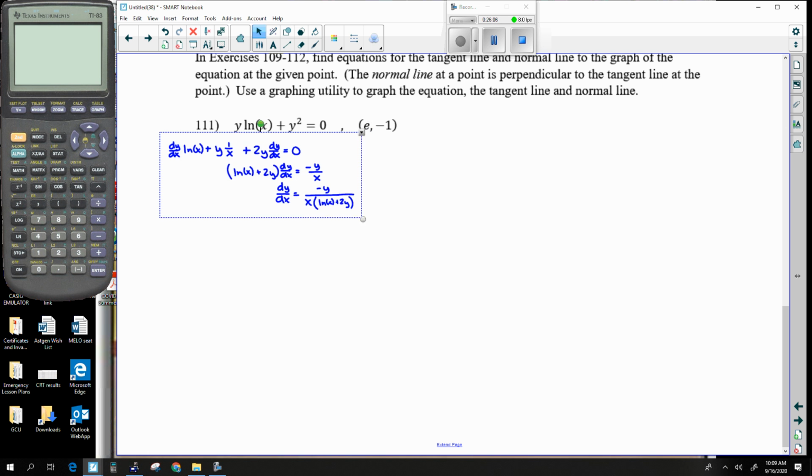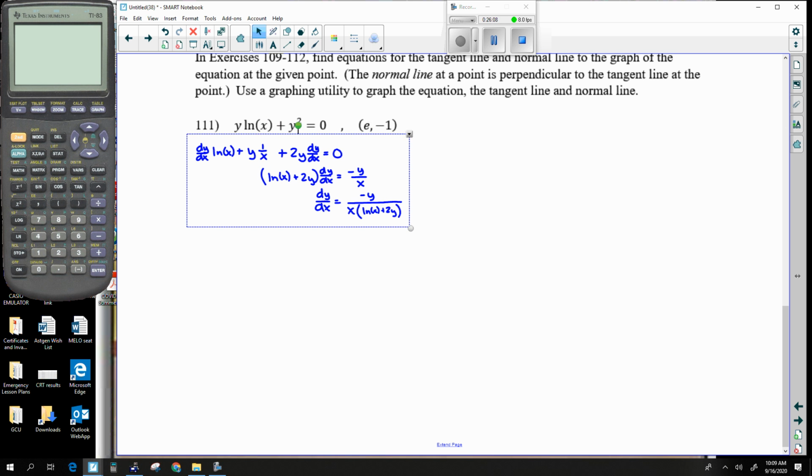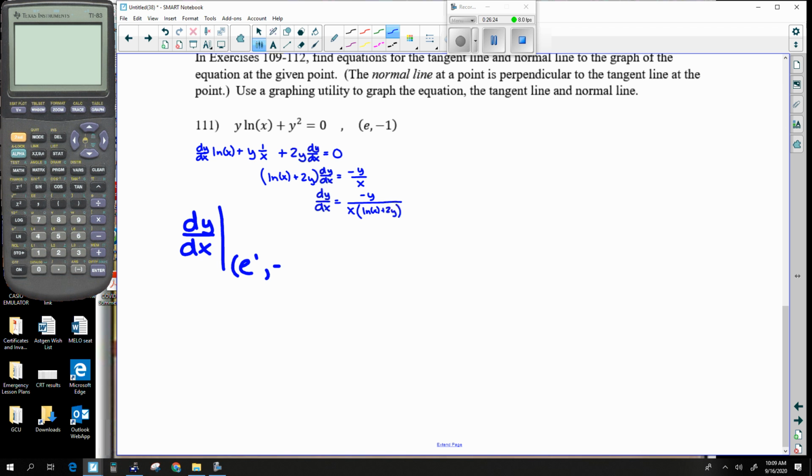Alrighty, that is my derivative. So now I need to take this derivative at my point. I'm taking my derivative at the point e, and that's e to the first power, negative 1.